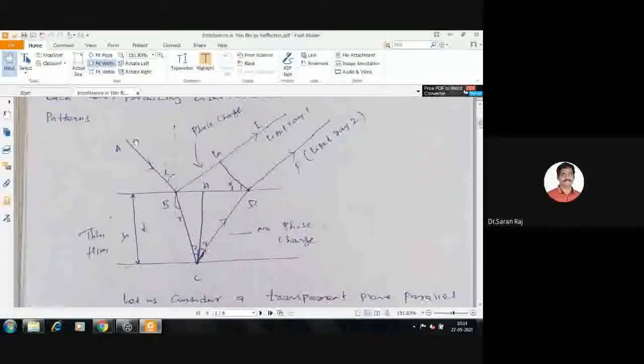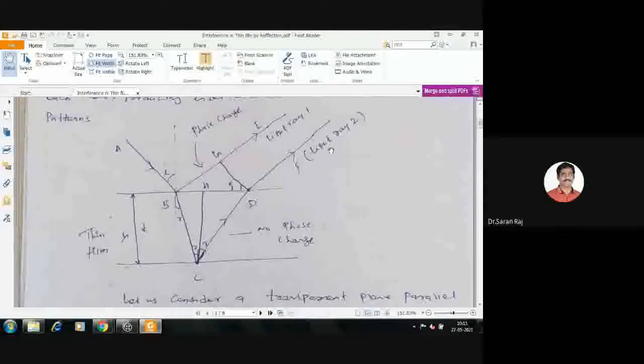The angle of incidence of the light is I, and the angle of the transmitted light is R. Let us consider the plate thickness T. In the triangle BDG on the top surface of the glass plate, this light falls on the top surface, and then the ray moves in one particular direction, the F direction.